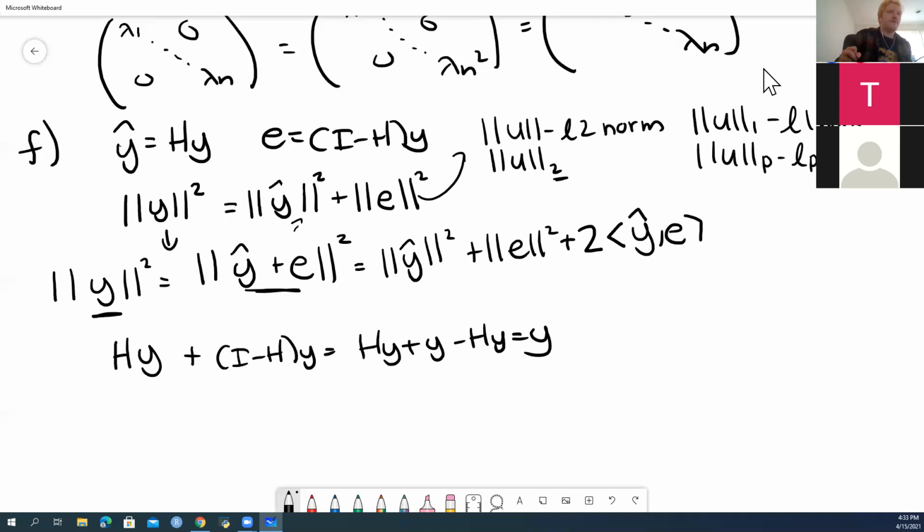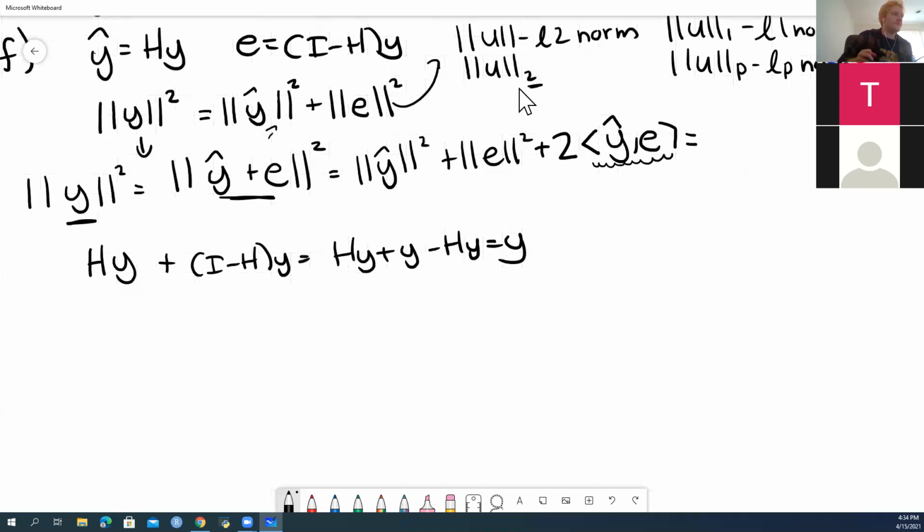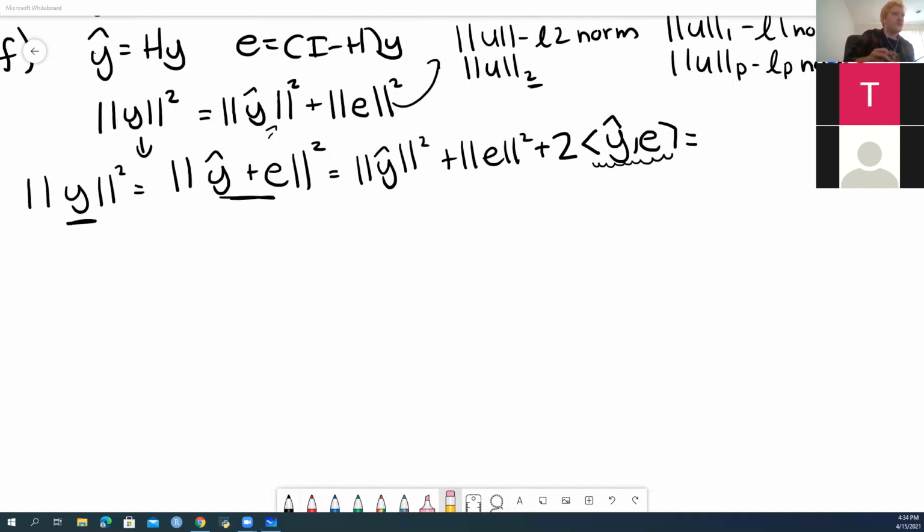To make it even more clear, I really don't like this notation. I prefer to write it like this: the norm of y squared equals the norm of y hat squared plus the norm of e squared plus 2 y hat transpose e.